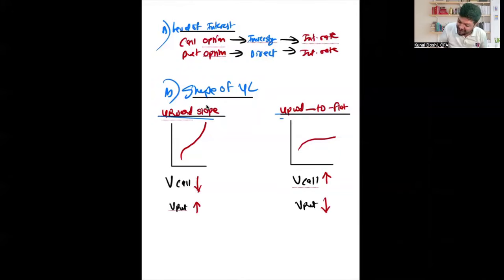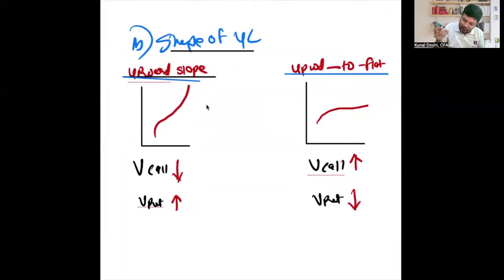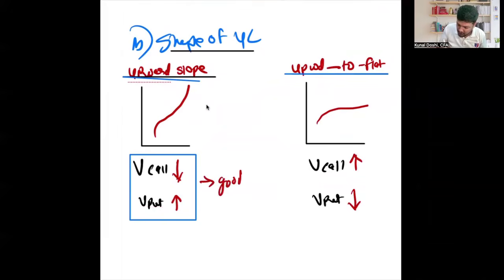Sorry, my mistake. See, the value of the option and the value of the bond are two confusing things. When I say the yield curve is upward sloping, the value of the call will fall and the value of the put will rise. Both are good news for investors, both are good for bondholders.